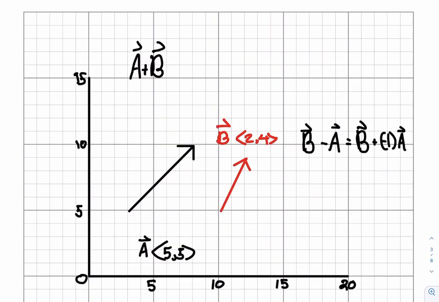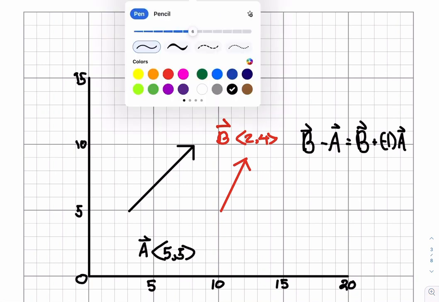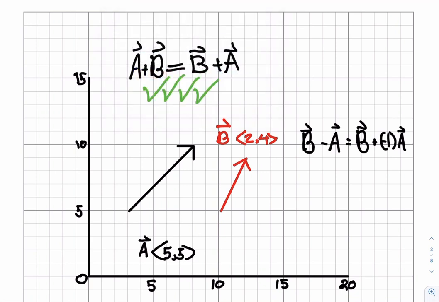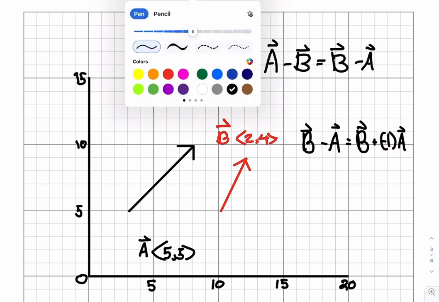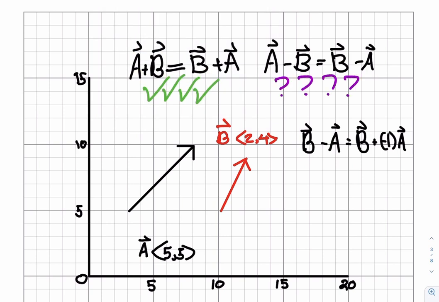Now, you may remember that vector addition is commutative. Let's test to see if vector subtraction has this same property. To do this, we'll check if b minus a is equal to a minus b. Let's do the same process.